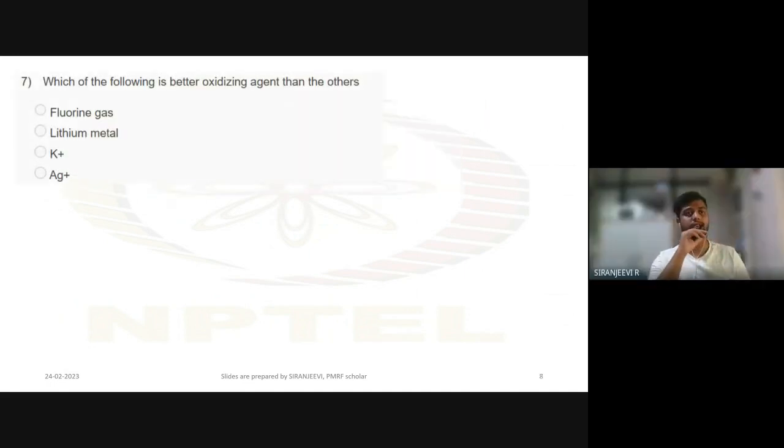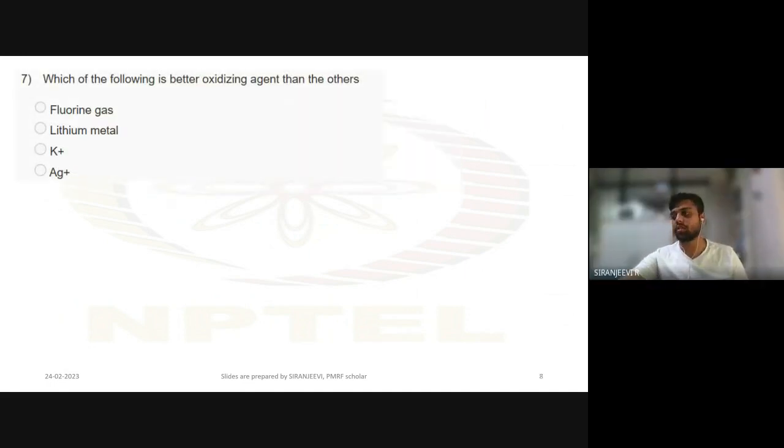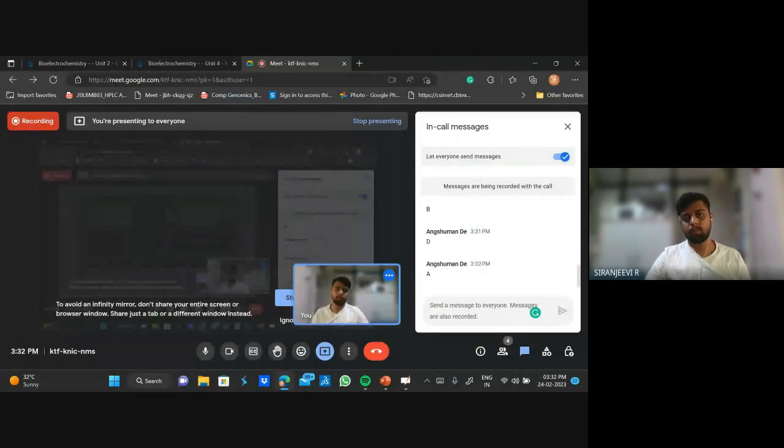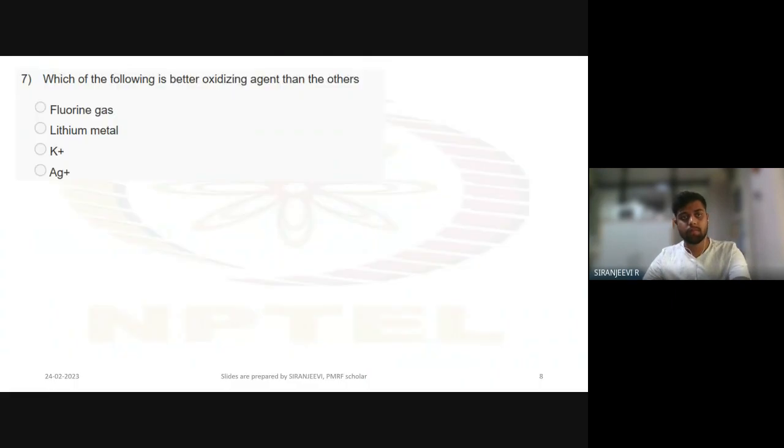Okay. What is the answer for this question? Which of the following is a better oxidizing agent? Okay.